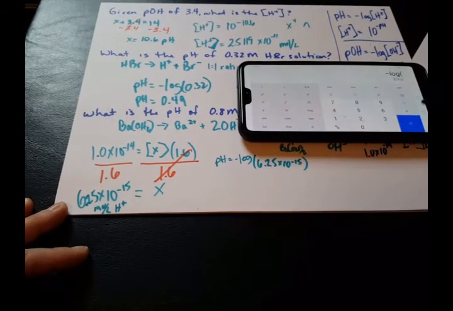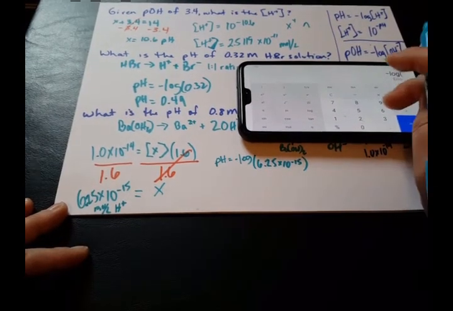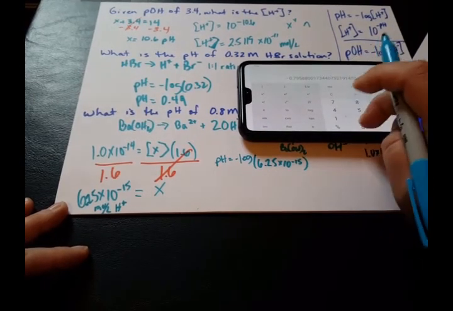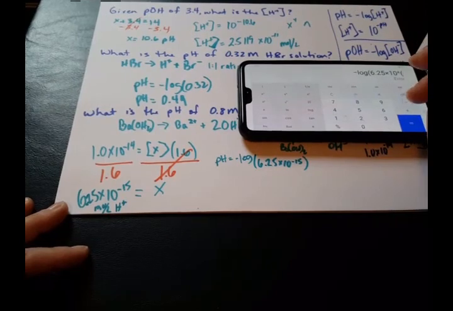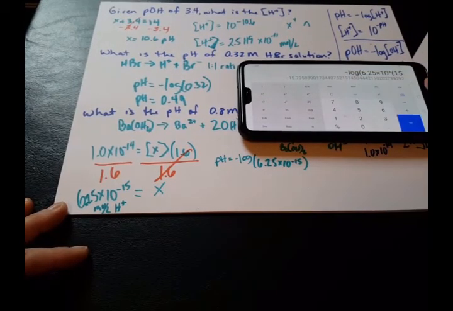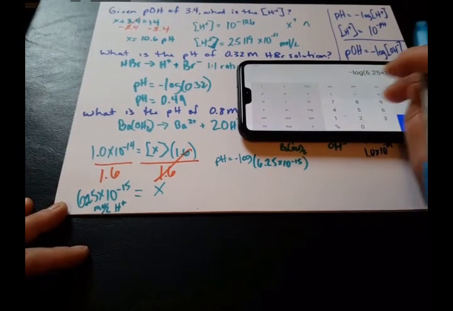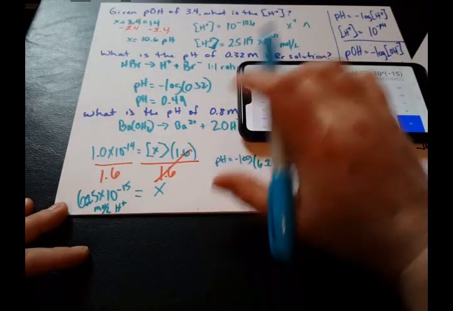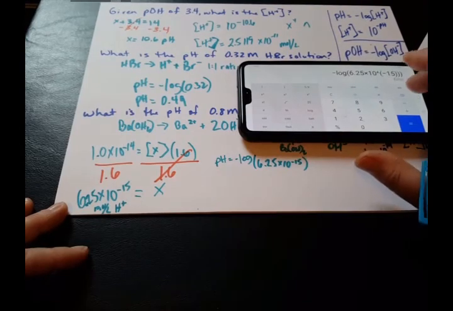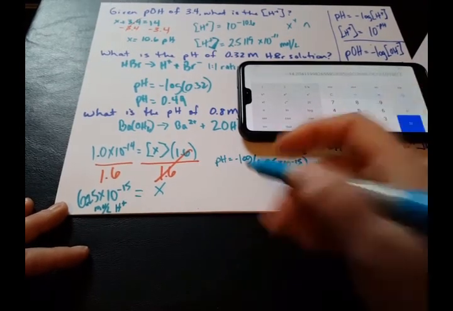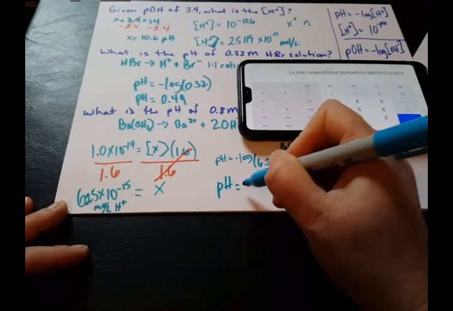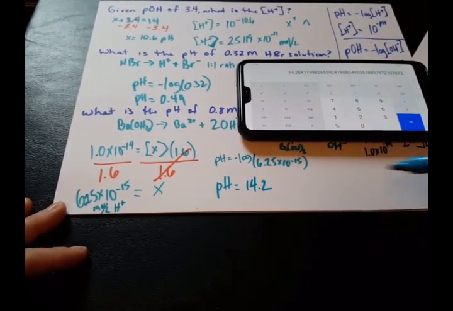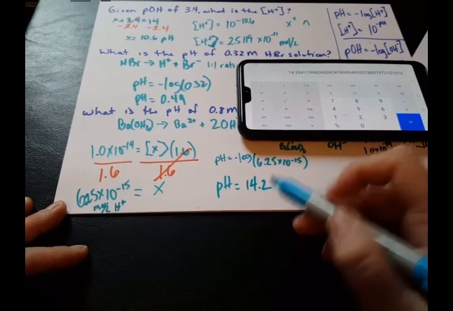My calculator gives us that bracket already. You might have to put it in. 6.25 times 10 to the power of negative 15. Close the bracket. And again, close the bracket. The more you do these, the easier you'll go with that. And so here we see a pH value of 14.